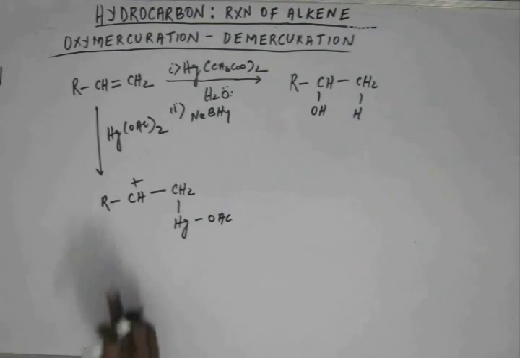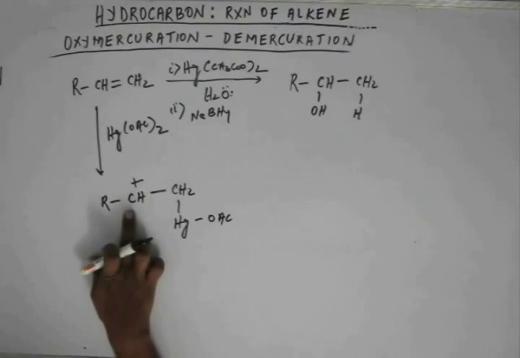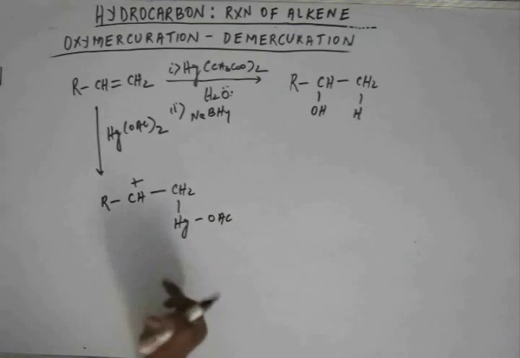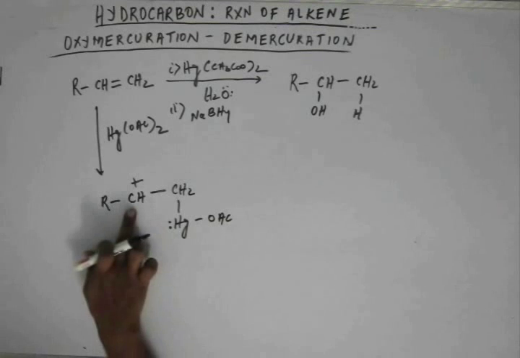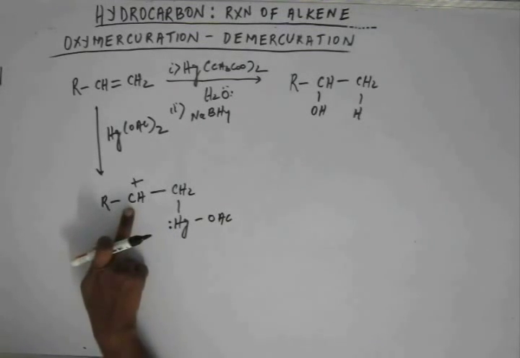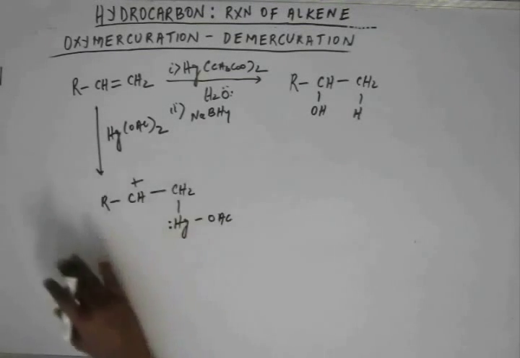Then there will be a plus charge developed on this carbon, because this carbon will be devoid of one electron, as we have seen many times before. But this will not happen like this, because mercury has a lone pair, and that lone pair will be giving some amount of electron density to this carbon having plus charge. So this kind of structure will never exist.